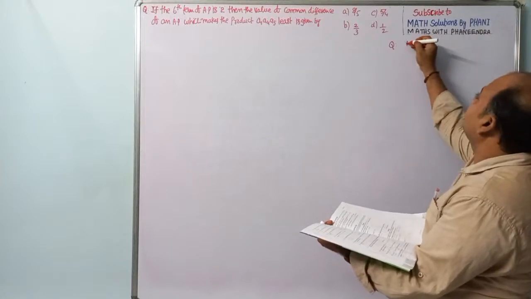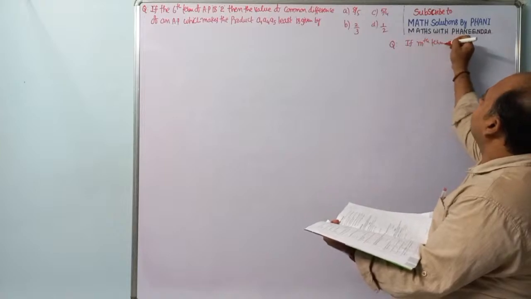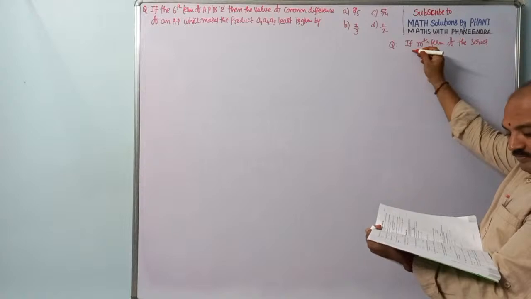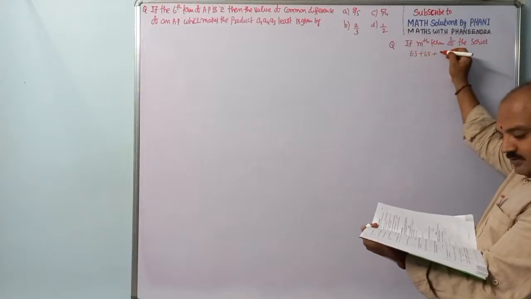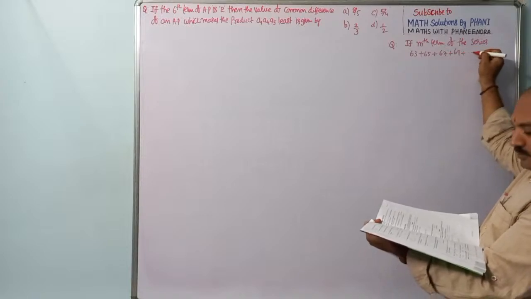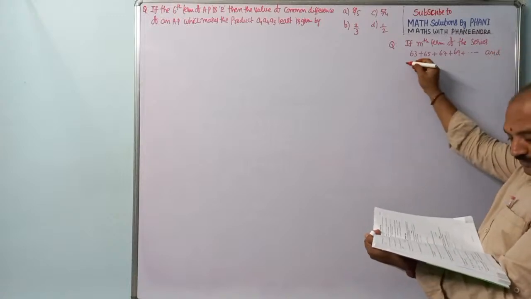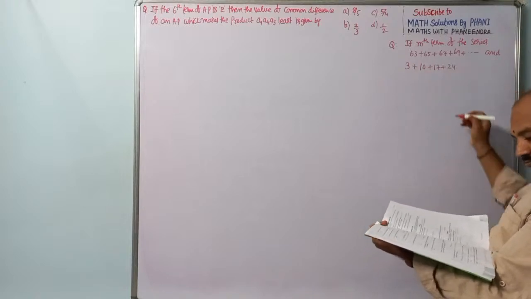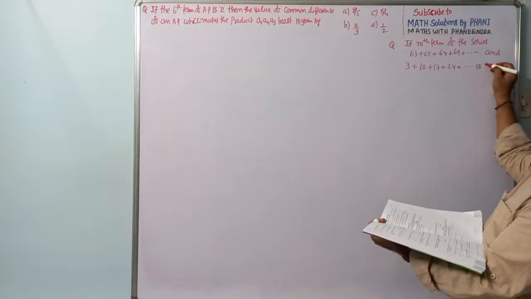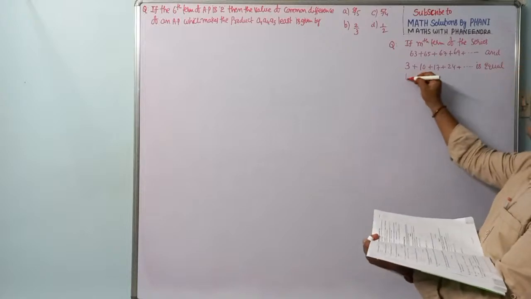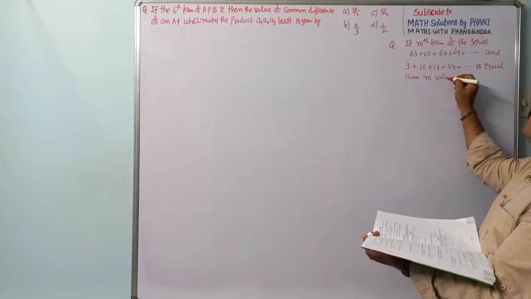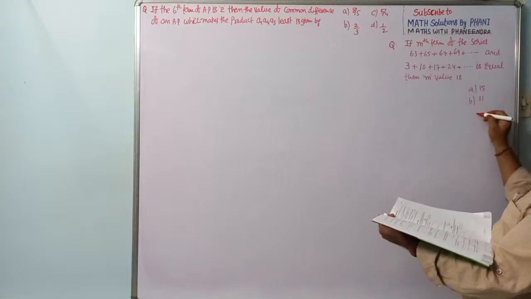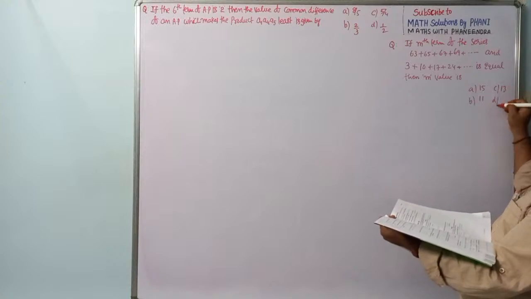If mth term of the series 63 plus 65 plus 67 plus 69 plus and so on, and second series 3 plus 10 plus 17 plus 24 plus and so on is equal, then m value equal to, so options 15, 11, 13, 12.